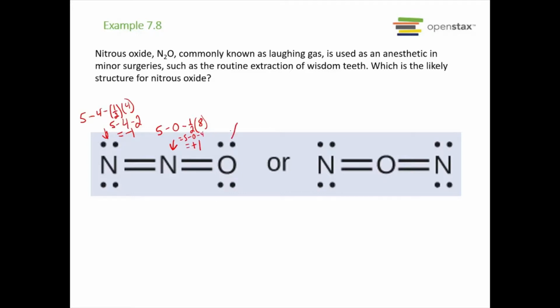And lastly, the oxygen on this one is equal to 6 valence electrons minus 4 lone pair electrons minus 1/2 times 4 bonding pair electrons. So that's 6 minus 4 minus 2, which is equal to 0. So now we know we have a -1, a +1, and a 0.